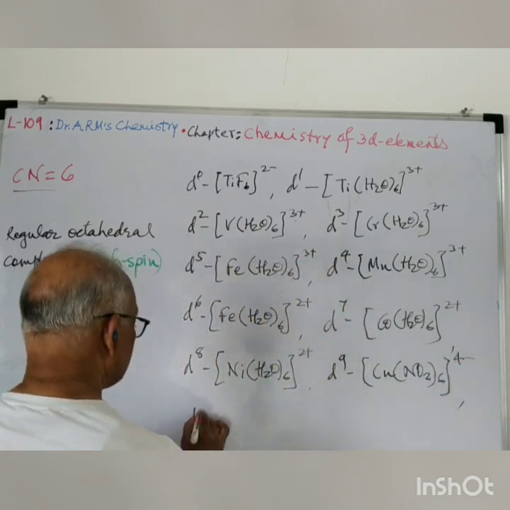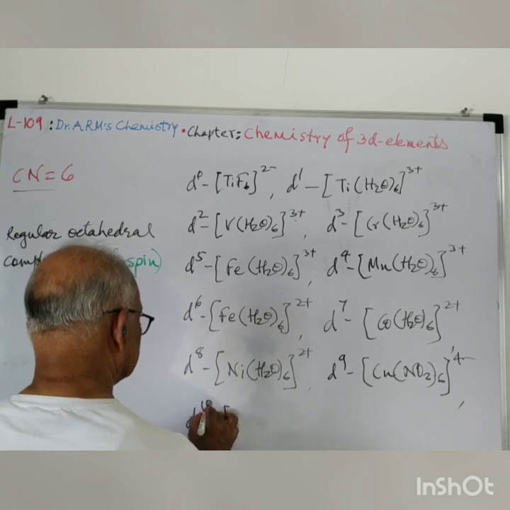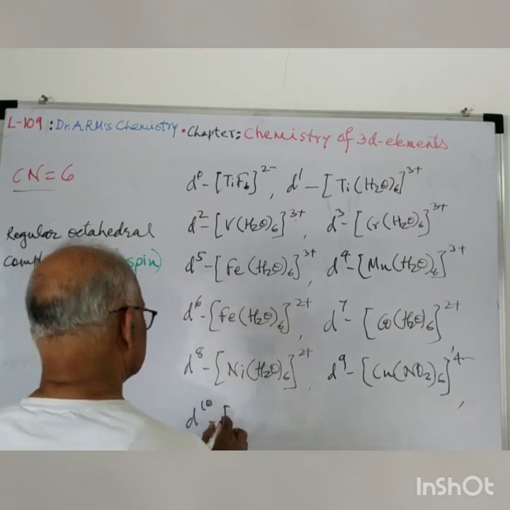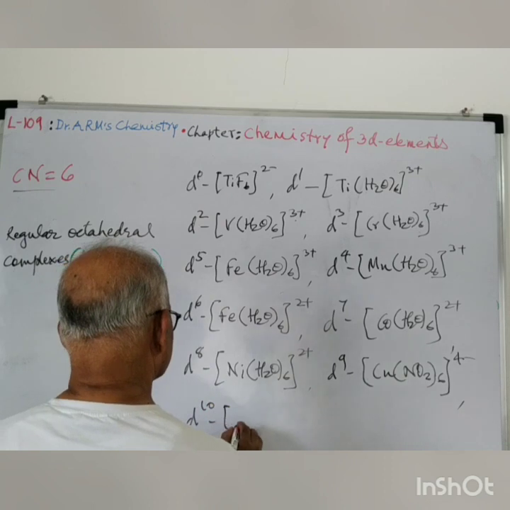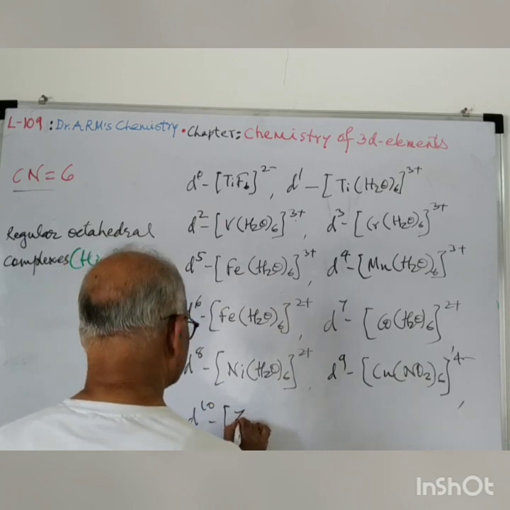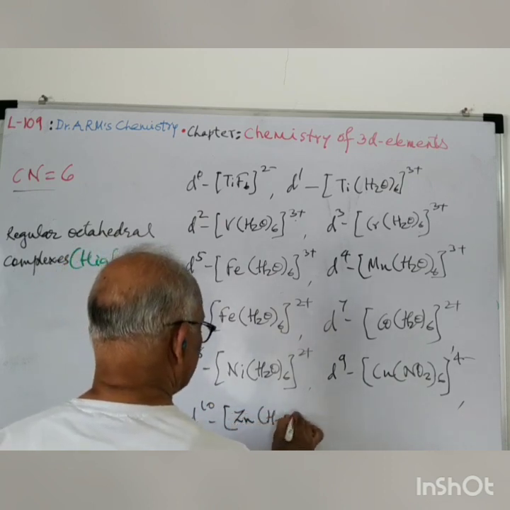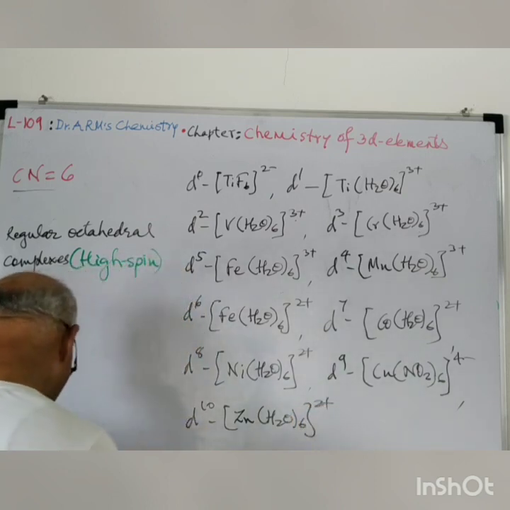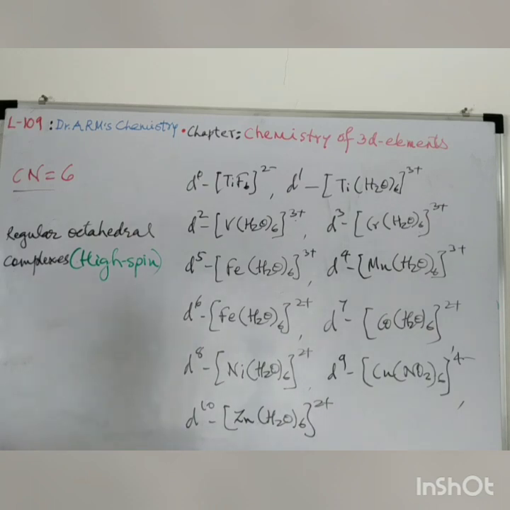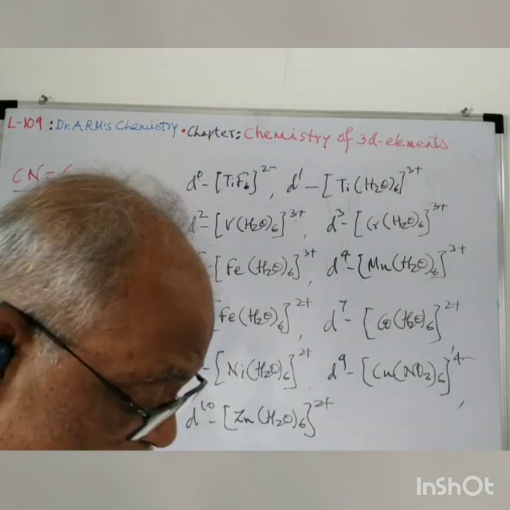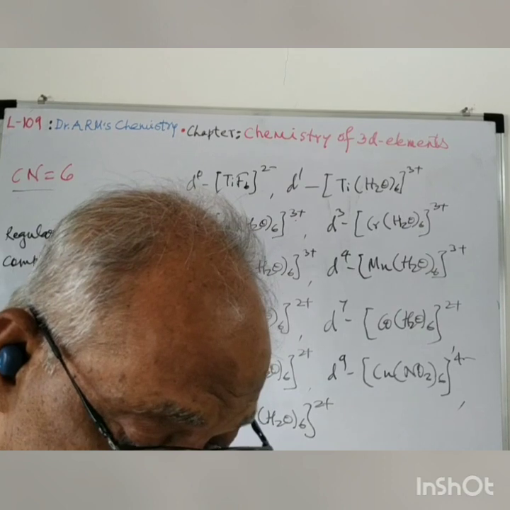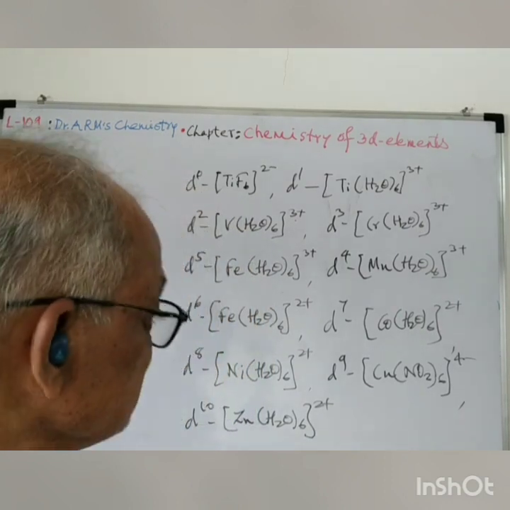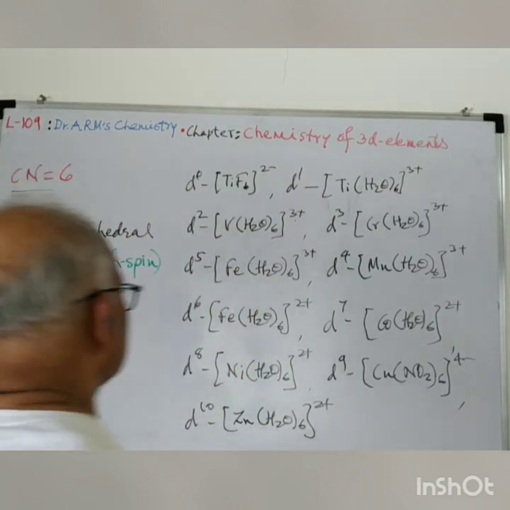And with the d10 configuration, we have Zn(H2O)6 2+. So these are the examples of high spin complexes. Now we will see some examples with low spin complexes.